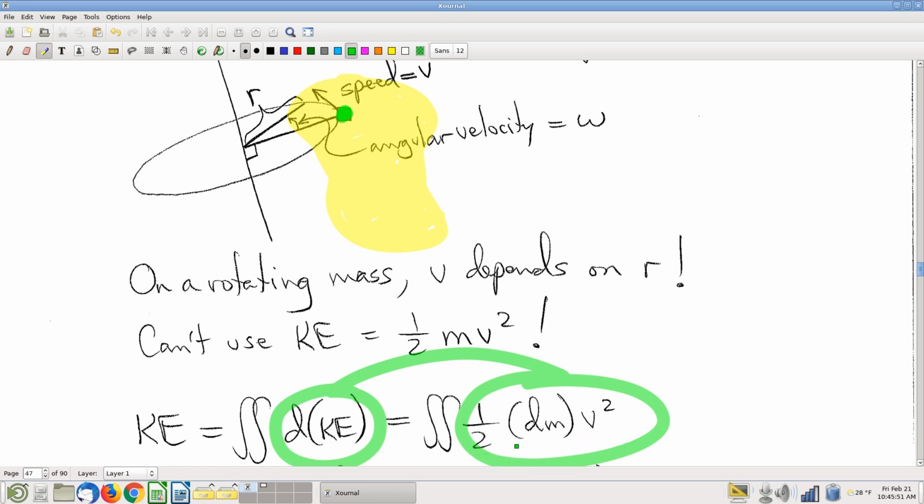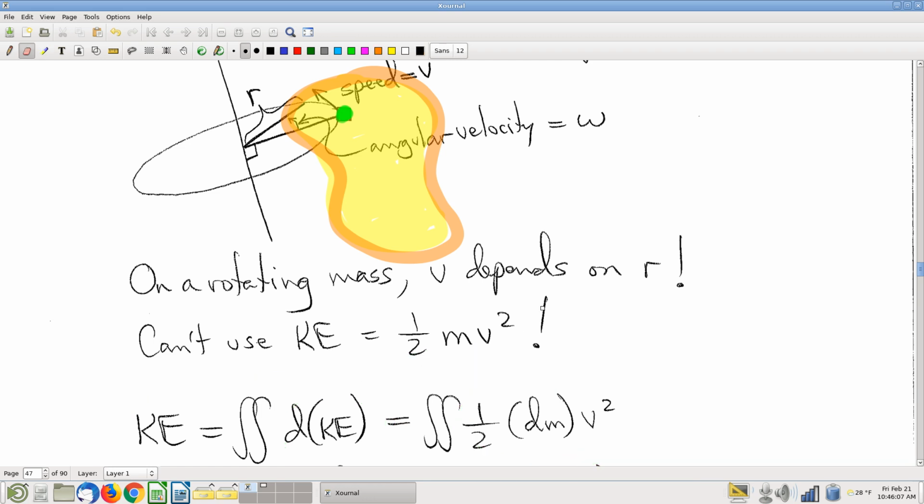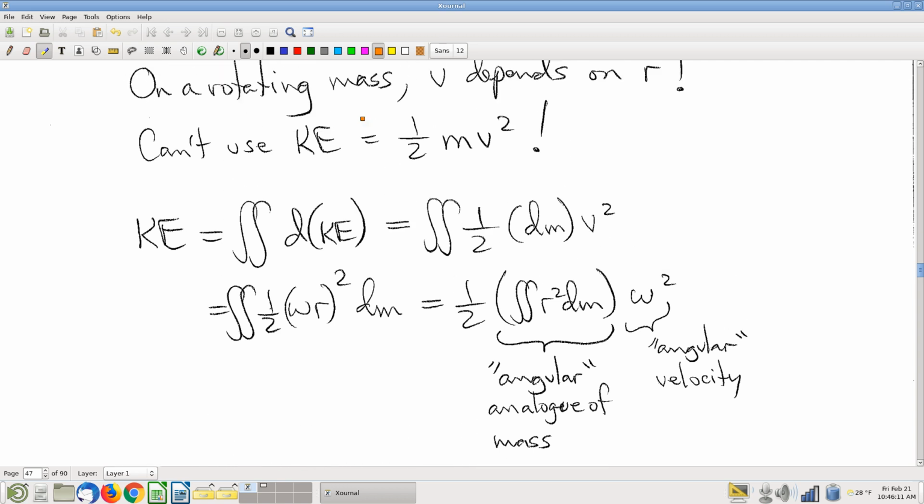And now that we have that little chunk written down, we can talk about adding up over the entire thing, right? The double integral, adding up over all the little chunks, gives us the total amount of kinetic energy. And having done that, now it's just a matter of moving algebra around.